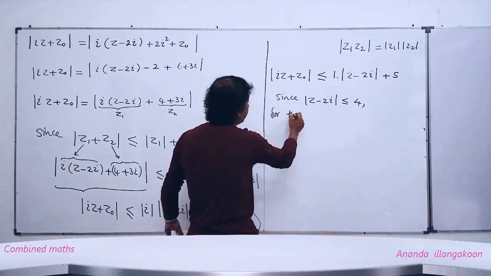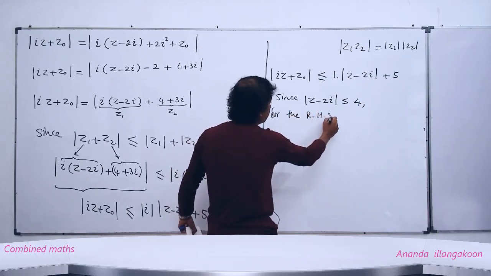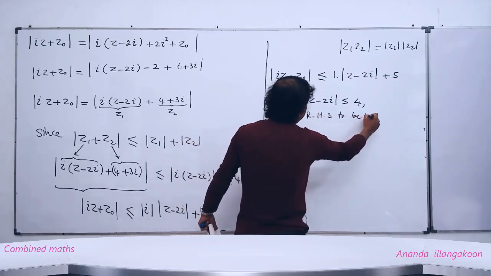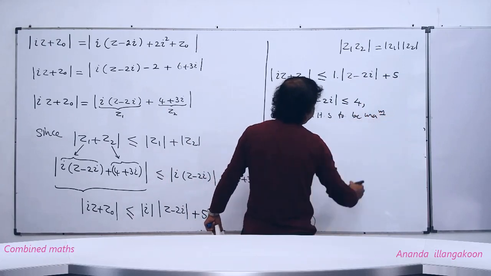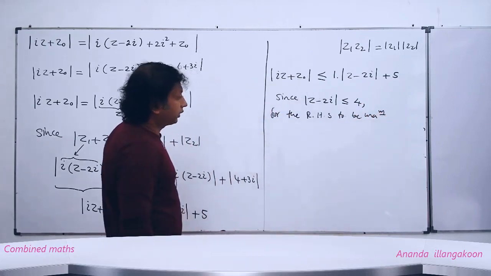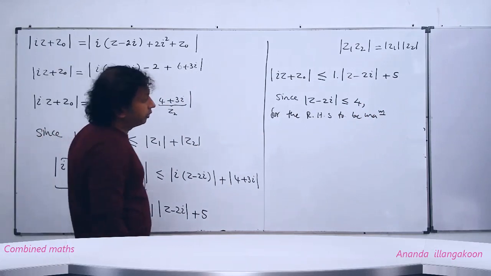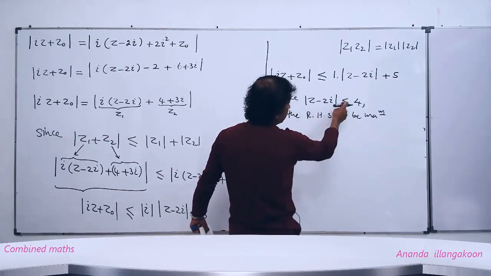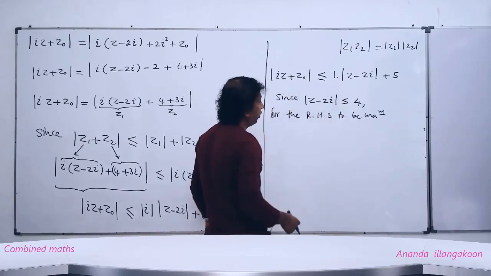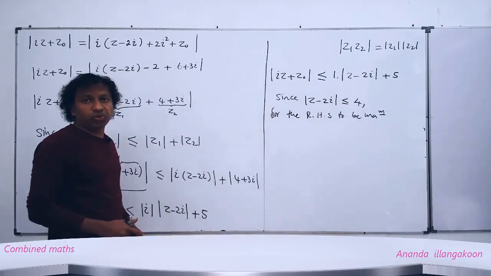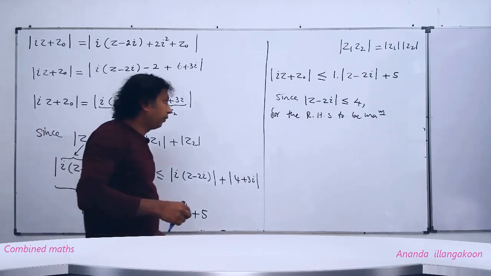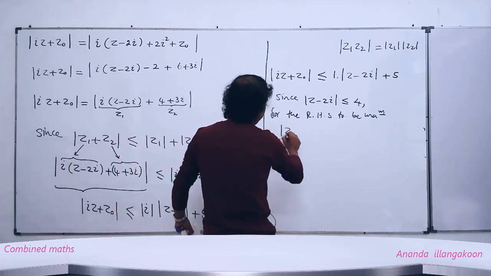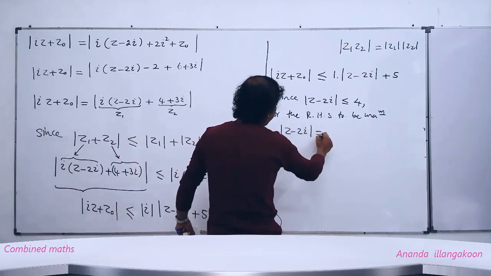For the right-hand side to be maximum, this modulus of z minus 2i should be equal to 4. Then the maximum value of modulus of z minus 2i is 4, right? Modulus of z minus 2i should be equal to 4.